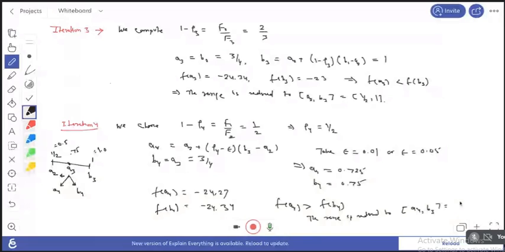Now if we find the range of that interval, B3 minus A4 equals 0.275, and this is less than 0.3. You have to obtain your result in the range 0.3, and here your range is 0.275.